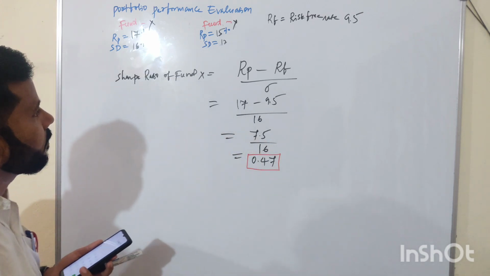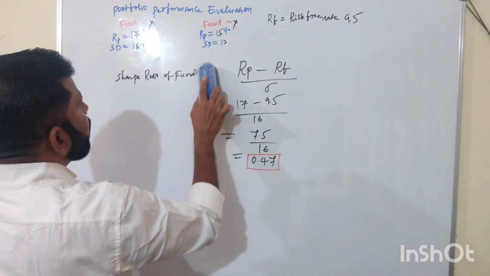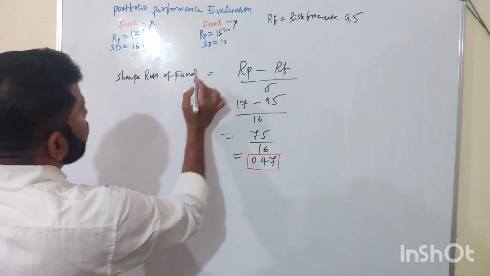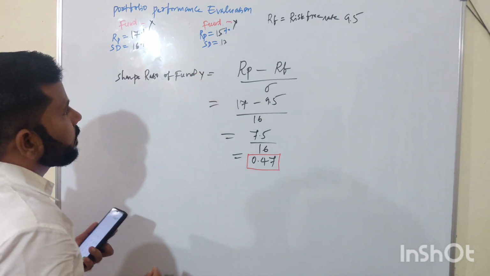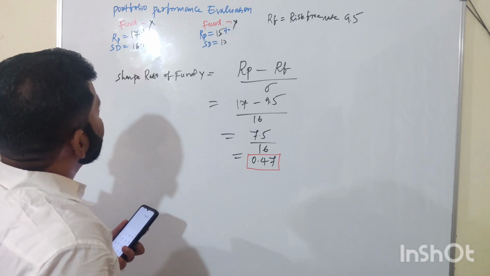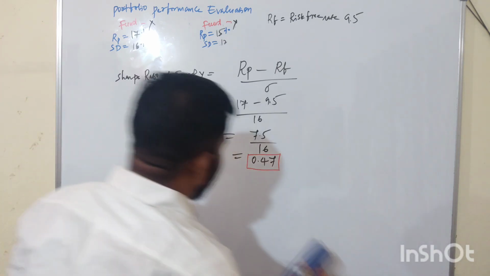Now we have to find the Sharpe ratio of Fund Y. Let's calculate that.